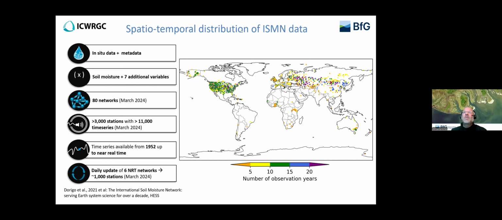And if you look at the slide here on the right side, you can see that there are a lot of observations that just go back down to 15 years. So we are very short on soil moisture time series that are longer than 15 years. And of course, for all kinds of analysis, we are very keen to get a very long time series.